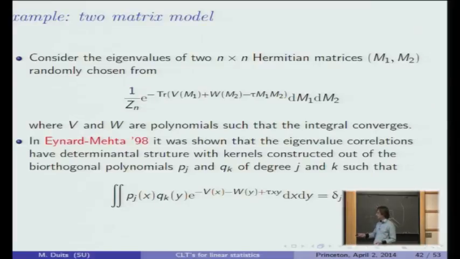Okay, and then you can show, that was proved by Eynard and Mehta, that there are biorthogonal polynomials. So these are characterized by this condition that also integrate this random matrix model. So we have a polynomial Pj of degree j and Qk of degree k such that we have this orthogonality here. It's not a Hermitian orthogonality, so you have to worry a little bit if it exists, but it does. But you also have these integrate this model.